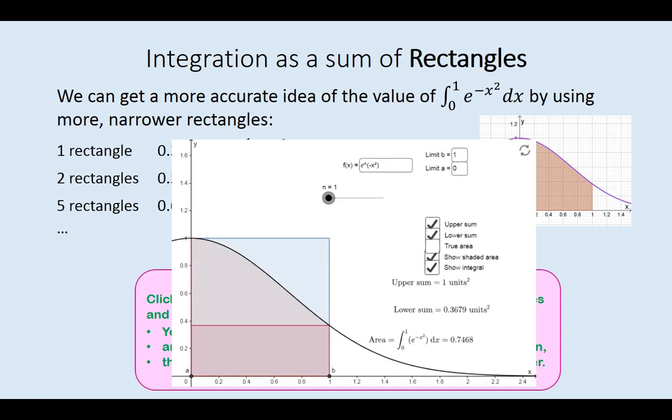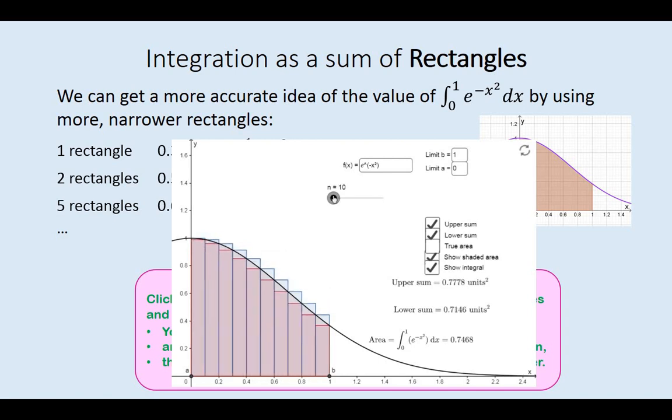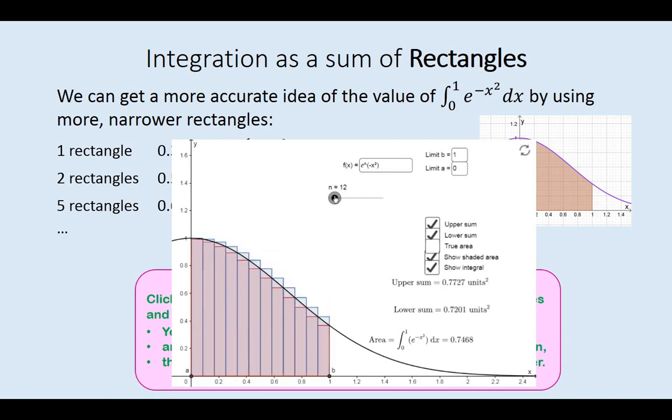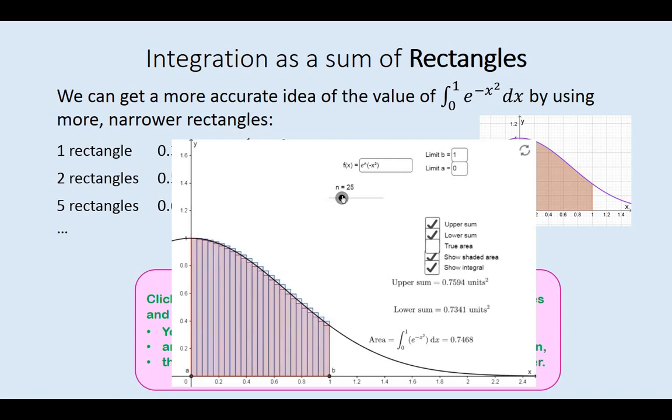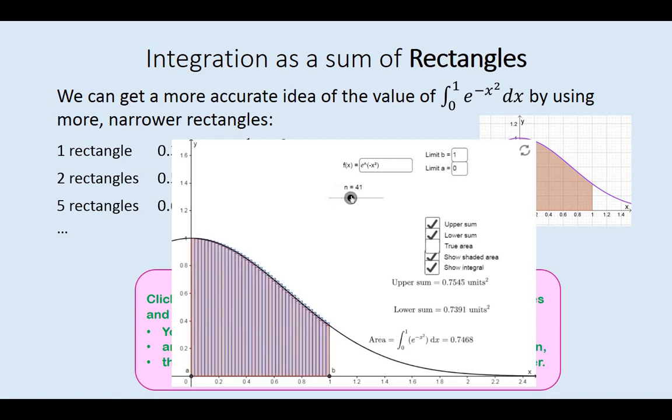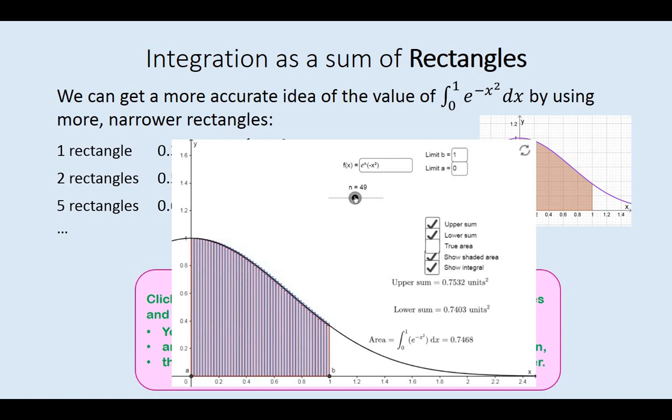Here we can see the effect of increasing the number of rectangles for our integral. So we started with just one, and if we increase that, we can see that we get more and more narrow rectangles. And we keep going. You can increase it as many times as you like, and as you do that, the values for the lower bound and the upper bound get much closer together.